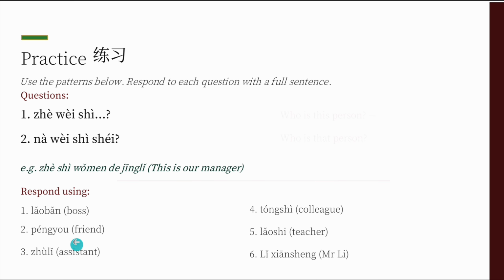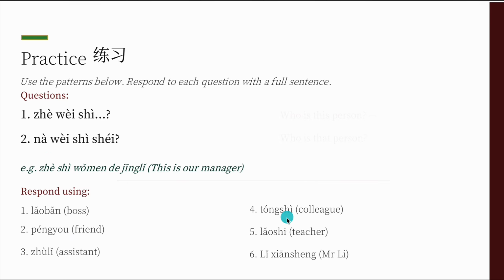We're going to do 3 for 这位是 and 3 for 那位是谁。这位是，这是我们的老板。这位是，这位是我们的朋友。这位是，哦，这是我的朋友。This is my friend. 这位是，这是我的助理。This is my assistant.